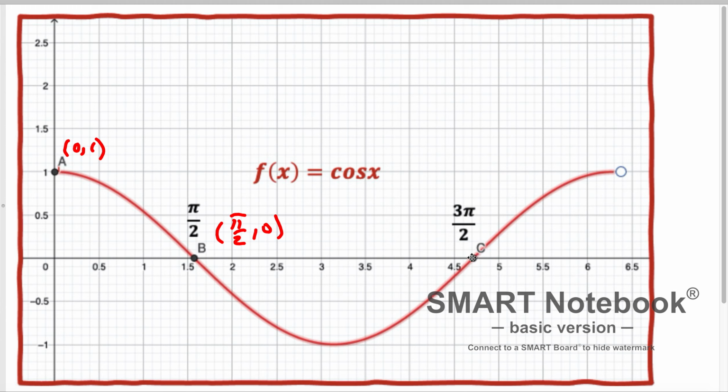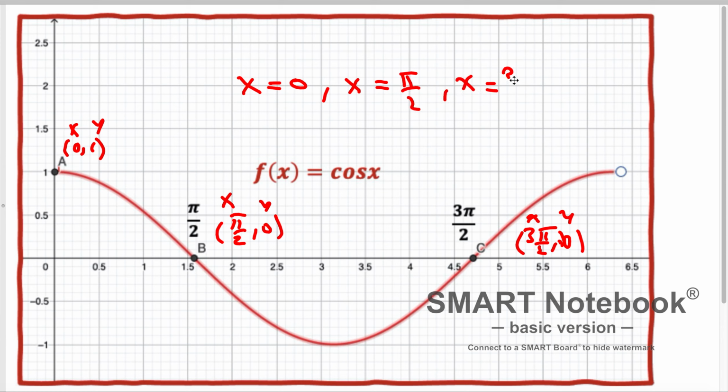And the other solution is at point c, which is 3 pi over 2 and 0. But if we are looking for the solutions of x, the solutions are the x coordinate, the first coordinate here. This is x, and the other is y. So what does it mean? x is equal with 0, x is equal with pi over 2, and x is equal with 3 pi over 2.